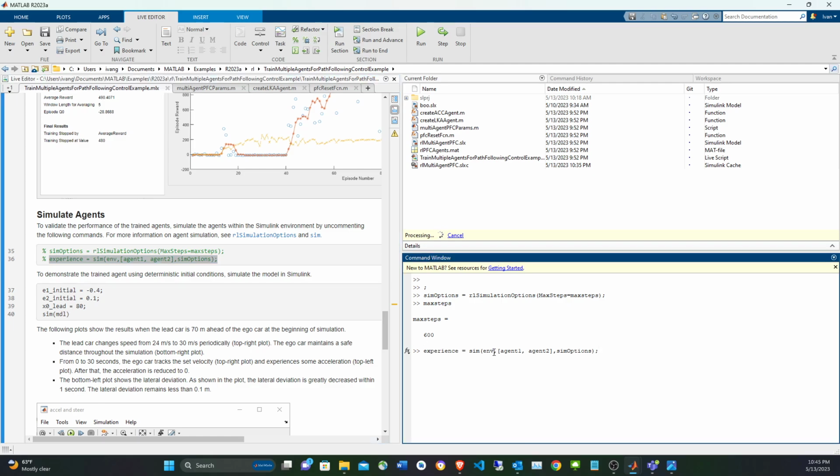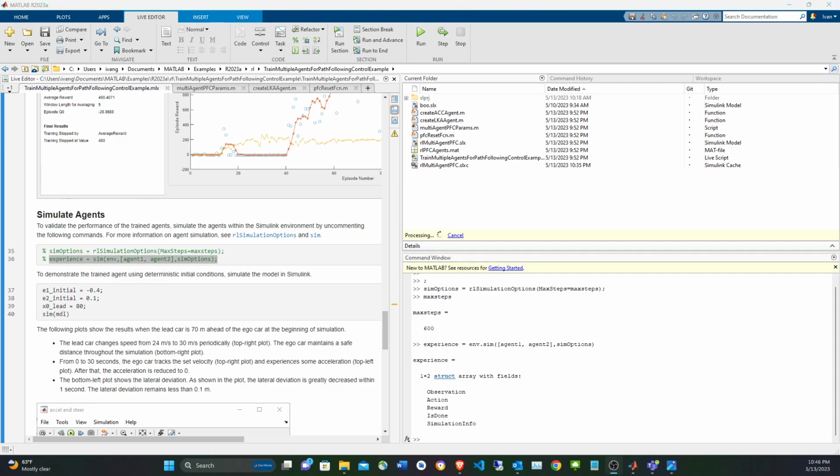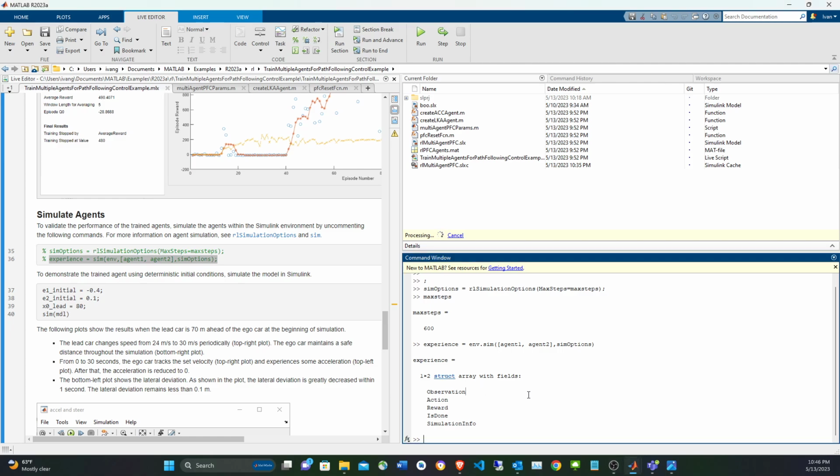So this is actually a method from the environment. Again, for the simulation, we have to pass the agents in order: first agent, second agent, and the options. And with that, we get the experiences. It's going to take a while, so I'm going to pause. In here we're going to have two structures because we have two agents. So let's take the first agent.